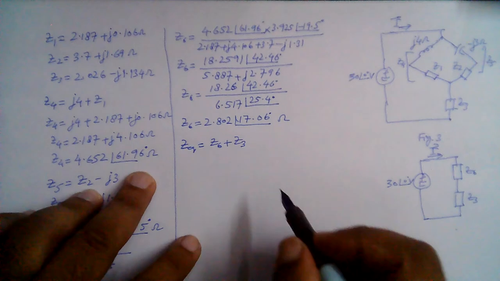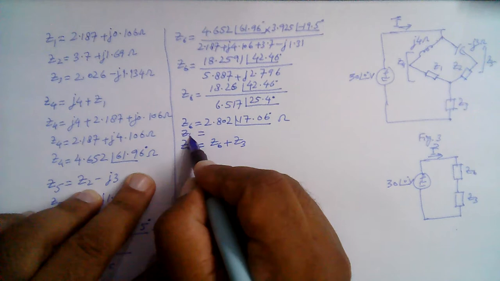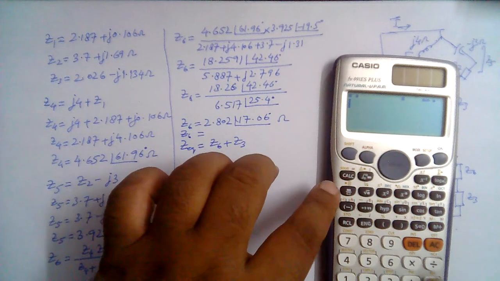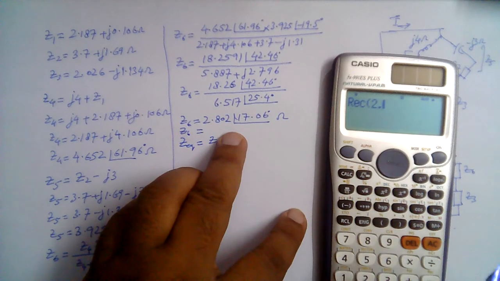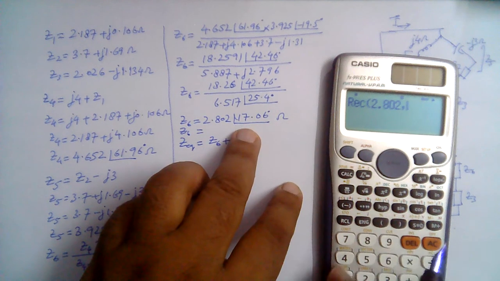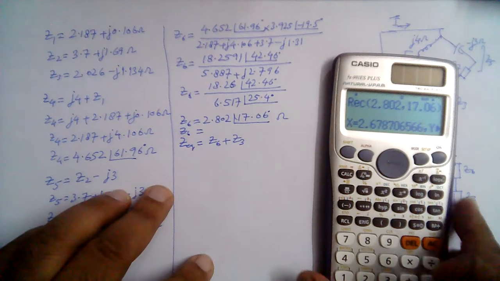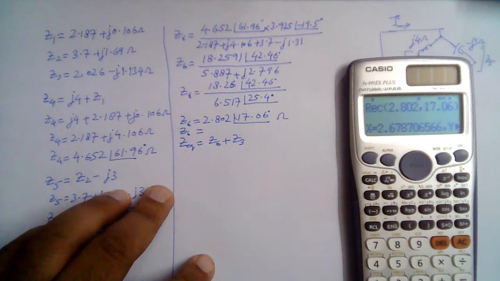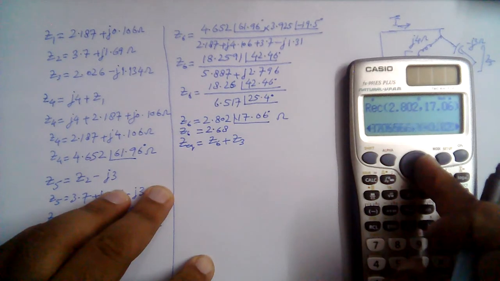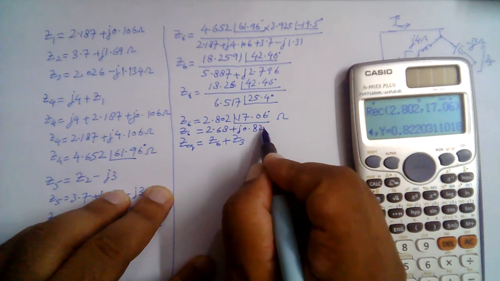So we need to calculate the rectangular form of this Z6 also. So that is 2.802 and angle is 17.06. So that is 2.68 plus j0.822 ohms.